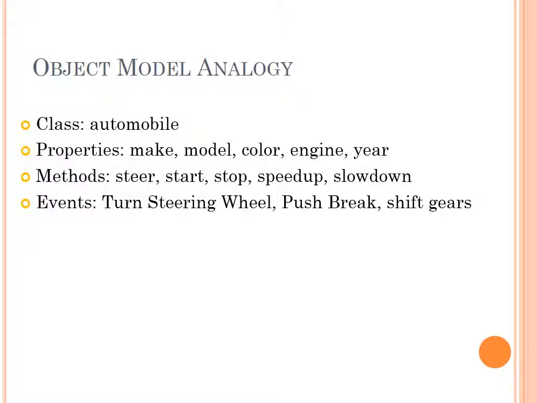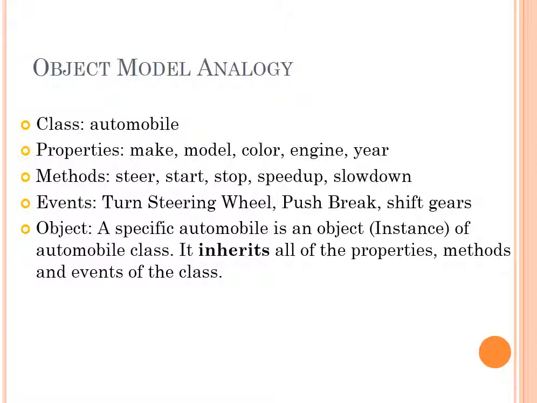Now, what are some of the events that cause things to happen in a car? Well, turning a steering wheel, shifting gears. I don't know if any of you remember what that is, but pushing the brake. These are the events that cause things to happen with a car. Now, when I see a new car, I don't need to be trained in all of these things. I know it already because it's a car.